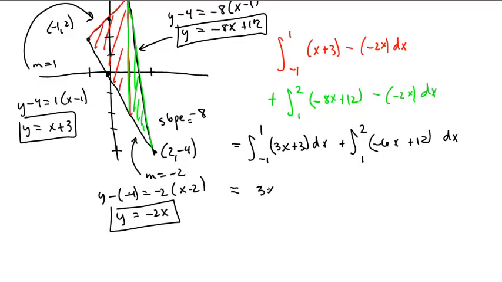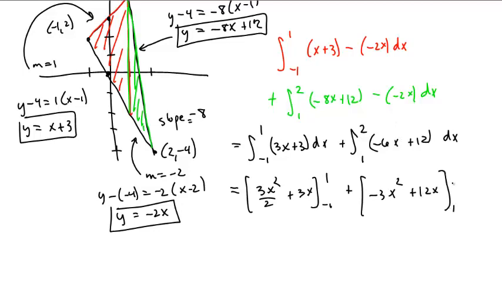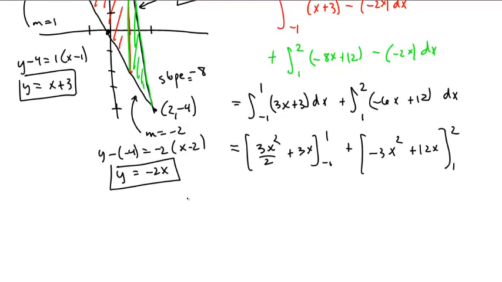We have to call this 3x squared over 2 plus 3x from -1 to 1, and this other one is negative 6x squared over 2, which becomes negative 3x squared plus 12x from 1 to 2. And this gives us what? 3 halves plus 3 minus, squaring a negative 1 doesn't change it, 3 halves minus 3.